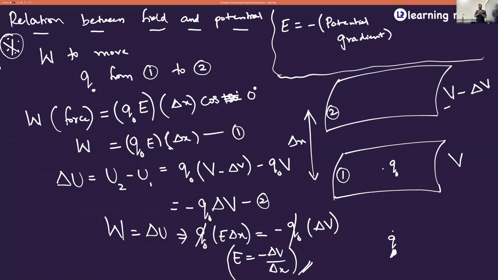Okay, I'll explain the meaning of it. I repeat, the negative sign here indicates that the electric field is always in the direction of decreasing potential. So what is the meaning of it?